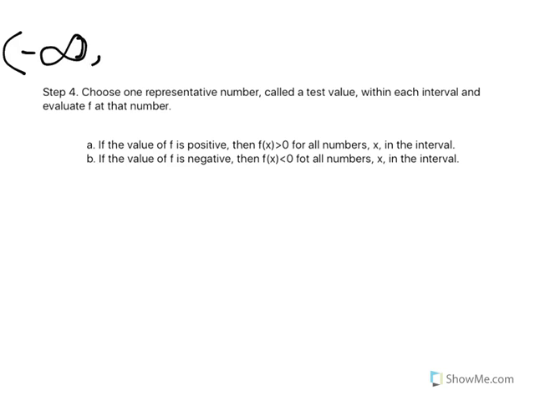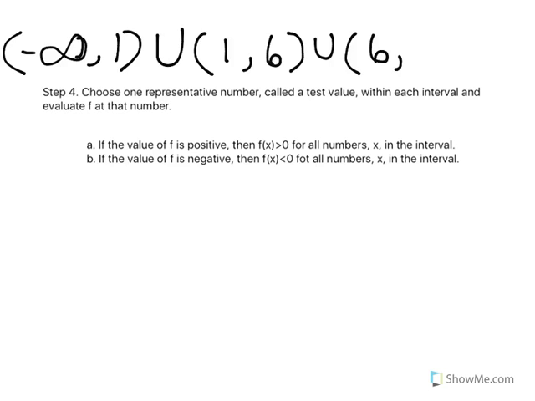Negative infinity to 1, union 1 to 6, union 6 to infinity. Okay. So now I have to choose one representative number called a test value within each interval.